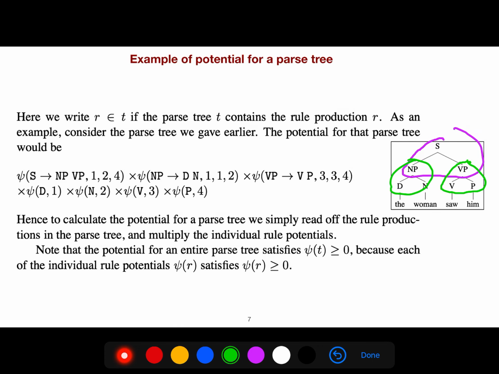So the inputs to the algorithm are the following: a sentence where each x_i is a word, a CFG in Chomsky normal form, and a potential function psi of r that maps any rule production of the form to a value. And we define this as the multiplication of the potentials. So this is a beautiful application of that.